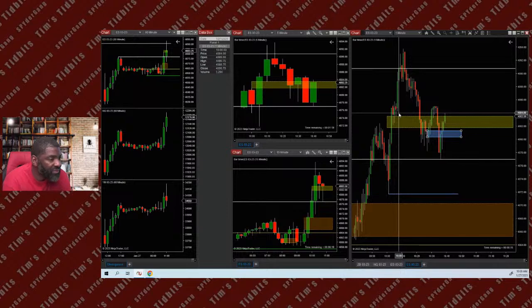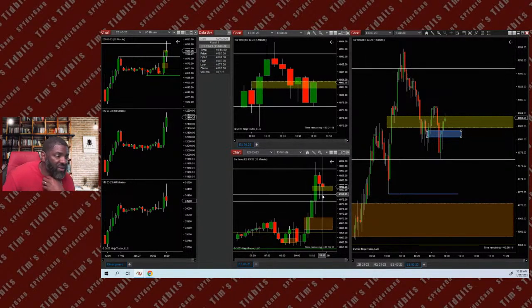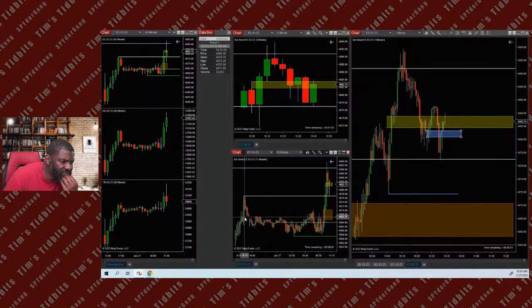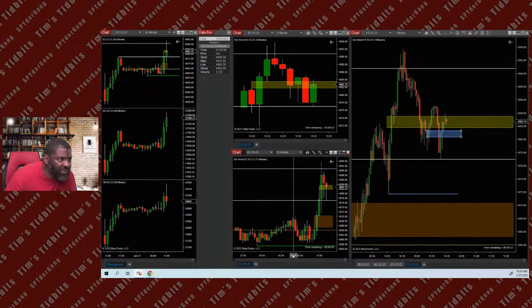On the 15 minute, we got a nice rejection off of the first buy side that we took out. Is that the overnight high? No, that's yesterday's high. Nice rejection off of yesterday's high on the 15-minute.